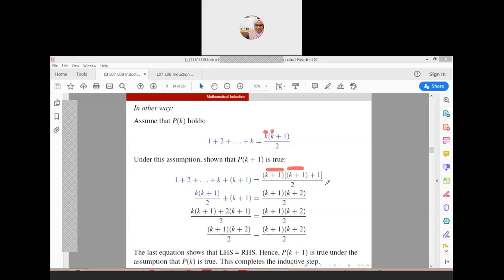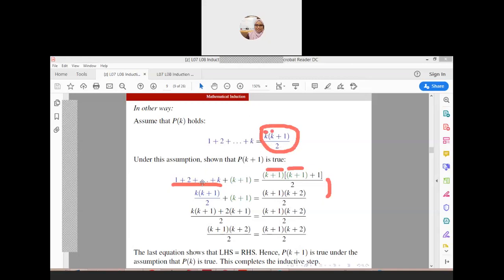So for the second one, we know that this is the original one, right? 1 plus 2 plus dot dot dot plus k, just take it and replace it from here. Take all this, since 1 plus 2 plus dot dot dot plus k is equal to this, right?